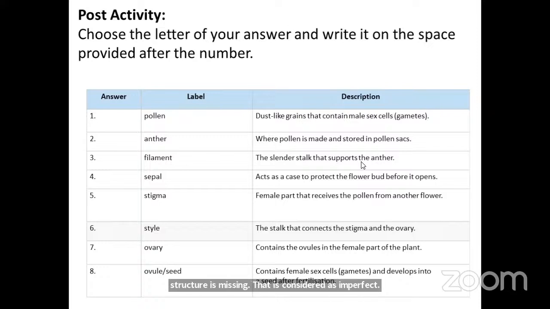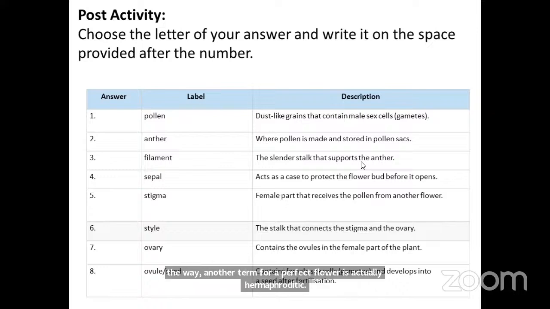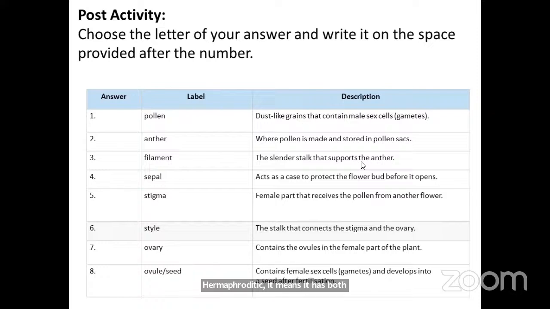Another term for a perfect flower is hermaphroditic, meaning the flower has both the male and female reproductive structures in a single flower.